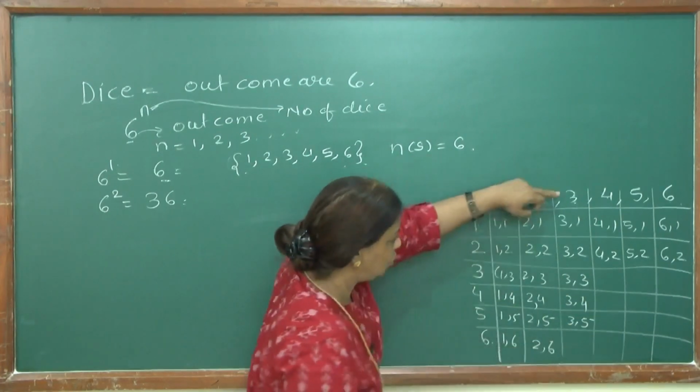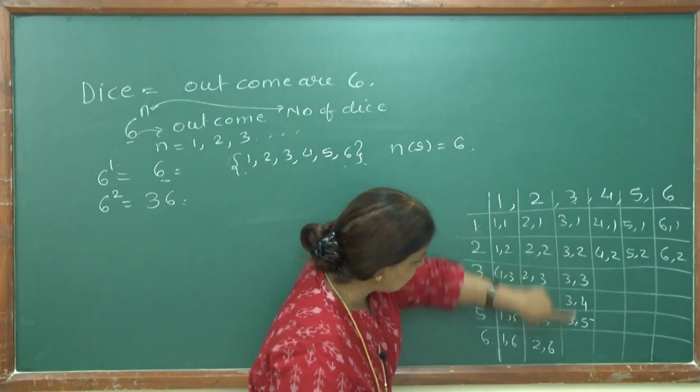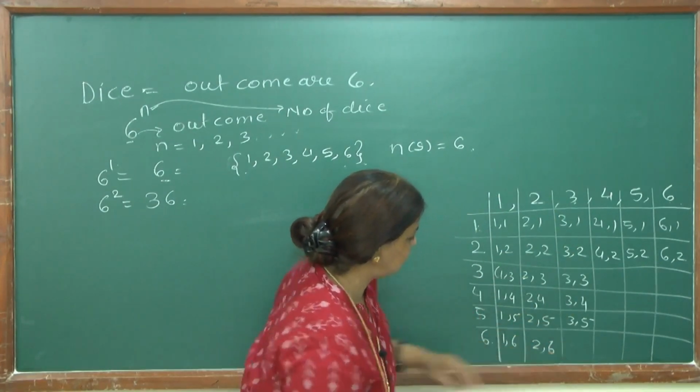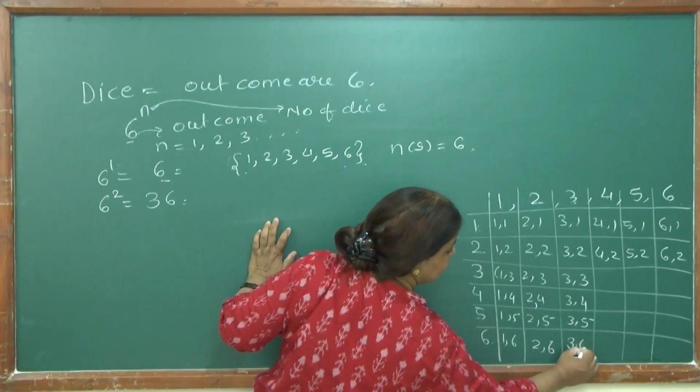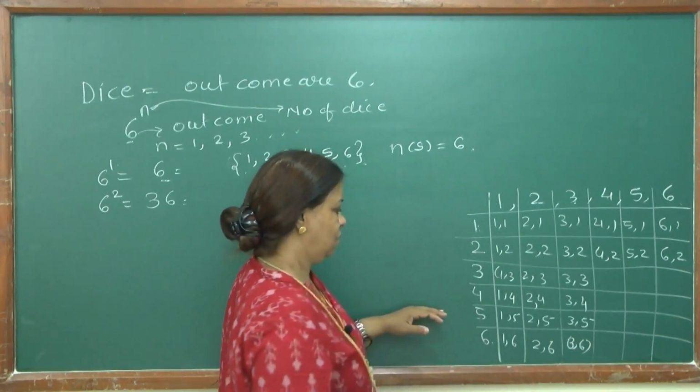Are you seeing what I am doing? This. Now 3 here and 6. Like this, x-axis and y-axis. Okay.